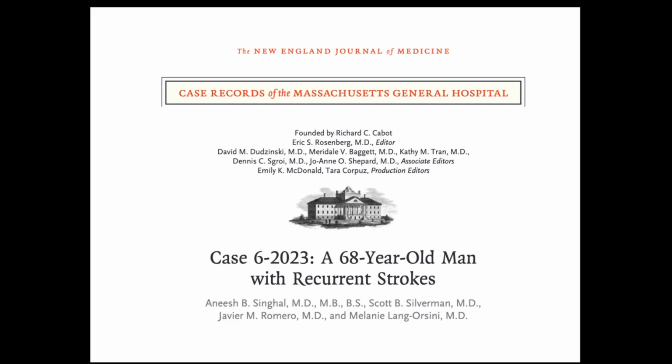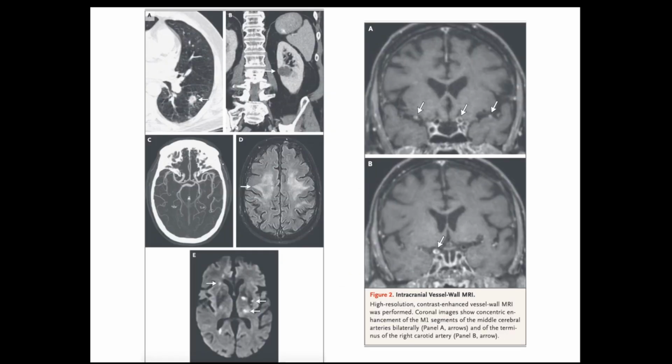I'll end by saying that very recently I had the privilege of doing a blind CPC, with the diagnosis unknown, of a man who came in with recurrent strokes. He had this spiculated mass. He had not bad looking arteries, but he had white matter change and multifocal strokes. As you can see, the forceps major, deep territory. This is the vasculitic pattern.